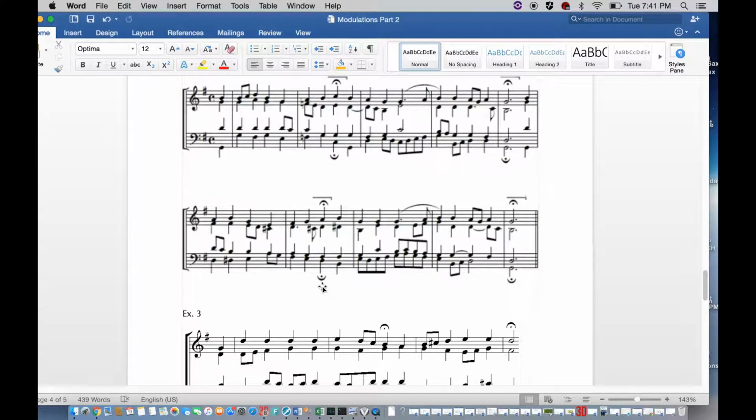And the answer, of course, is yes. So if this is in fact in the key of D major, I would expect to see 5 or 5/7 on the beat before. 5 in the key of D is A, C sharp, E, and here we have the 7th, G. A, C sharp, E.